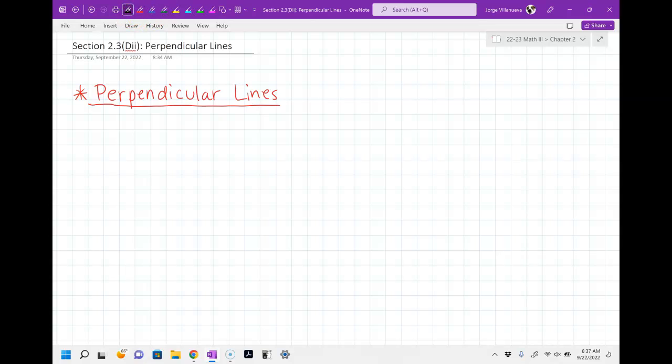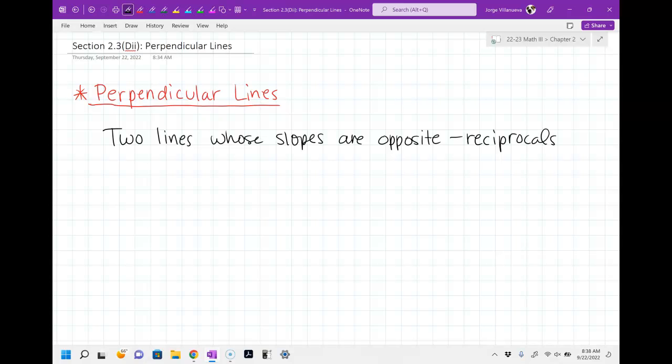So these are two lines whose slopes are opposite reciprocals of each other. So it's two lines whose slopes are opposite reciprocals of each other.